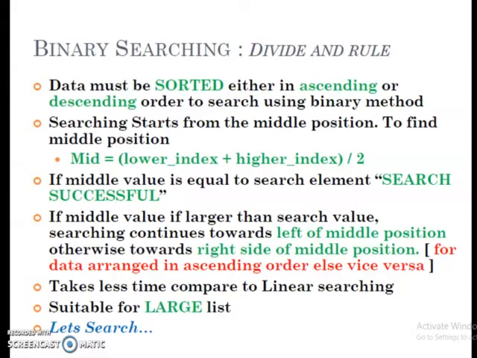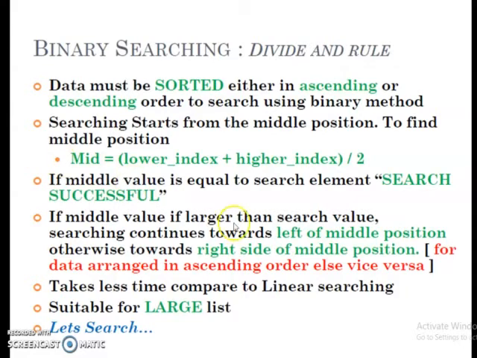That means when you divide your list into 2, if the element is lesser than the middle element, you perform the searching in the first half. If the element is greater than the middle element, you perform the searching in the second half.